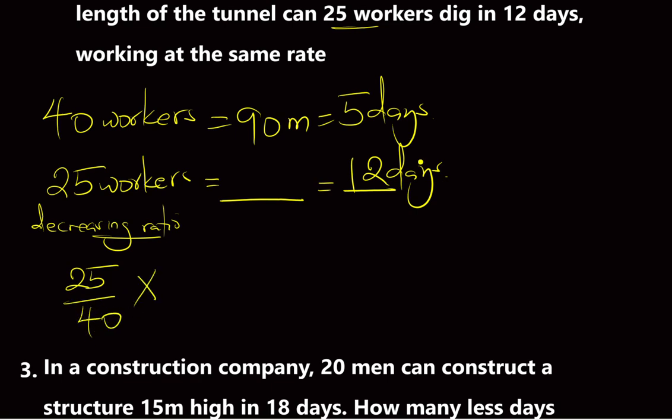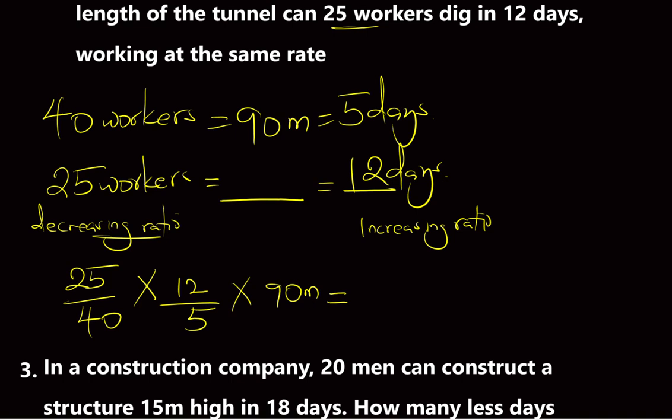Then times, we come to the second part, the days. If in 5 days 90 meters is constructed, what about 12 days? The number of days have been added, so definitely more meters will be constructed, therefore increasing ratio. We will have the bigger value at the top, which is 12 over 5, then we multiply by the value remaining, which is 90 meters.